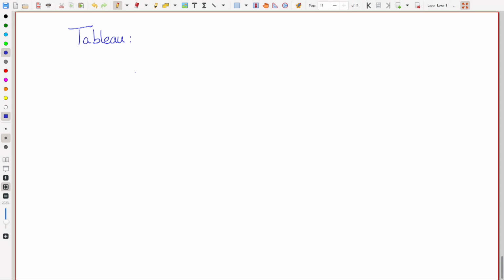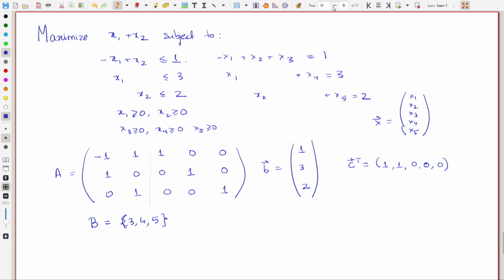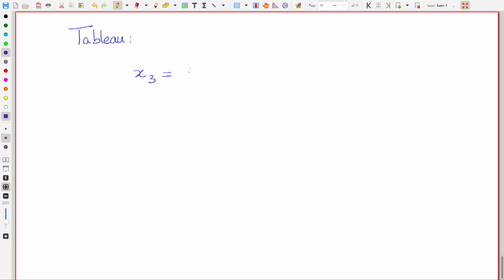So we have x3 is 1 plus x1 minus x2, x4 is 3 minus x1, x5 is 2 minus x2, and we will also write down the objective function.